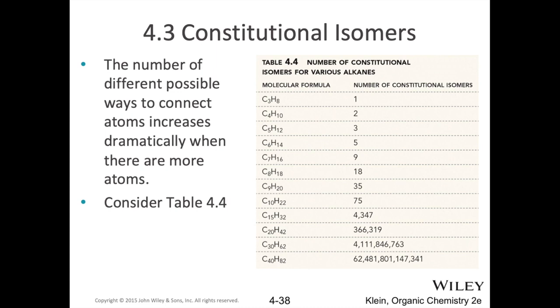So don't panic if you ever get a question that asks you to draw all the potential isomers of something. It'll probably be closer to this end. You're not going to be asked to draw all the potential isomers for something that has 40 carbons, for example. That'd be ridiculous. But my point here is that the numbers do increase as you have more carbons to play around with.